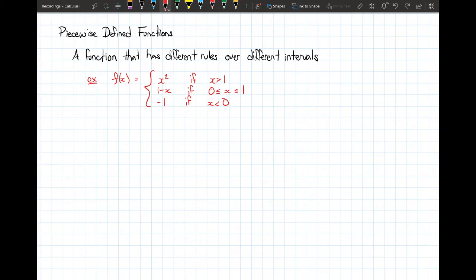And f of x is equal to just the number negative 1 if x is less than 0. Now, individually, these are like 3 separate functions, each with their own fairly common graphs, but we have to put them all together. So let's imagine separating them out initially.